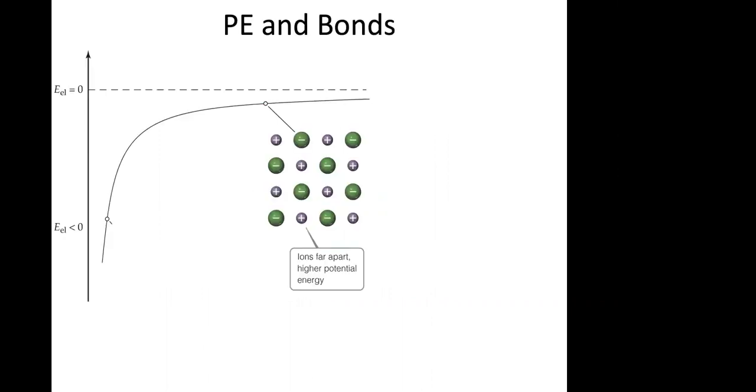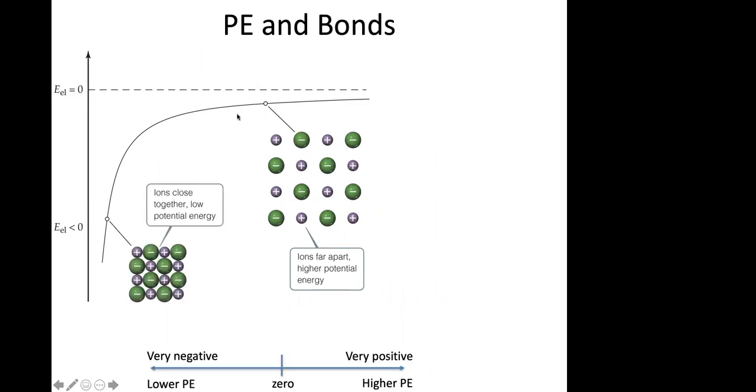If you have the ions, and here I show a lot of positives and negatives, if they're all spread apart, the potential energy is higher than if they all come together. As they're coming together, the potential energy is going down. And because we define our reference here as a large separation, it's becoming more and more negative.